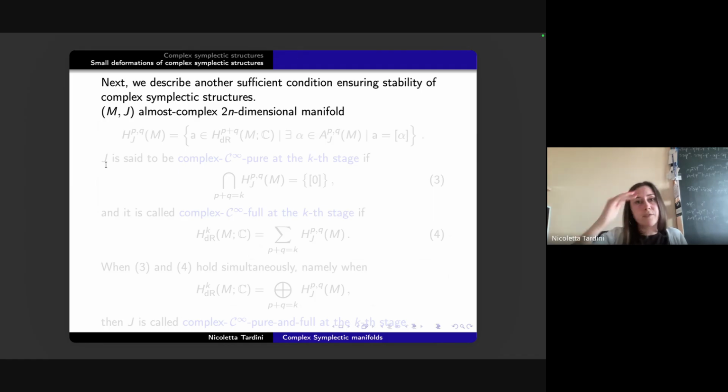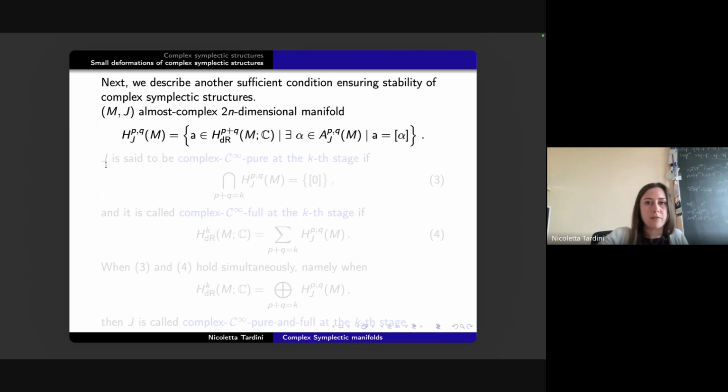So, for instance, assuming it's a complex manifold, it's more general than that, but assume it's a complex manifold. Then Angella and Tomassini, inspired by a paper by Li and Zhang, constructed these subspaces of the de Rham cohomology in total degree P plus Q. So they define this H^{P,Q}.